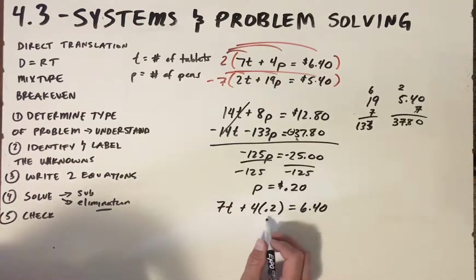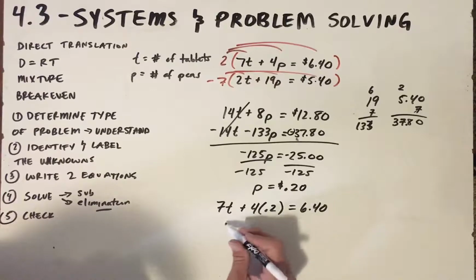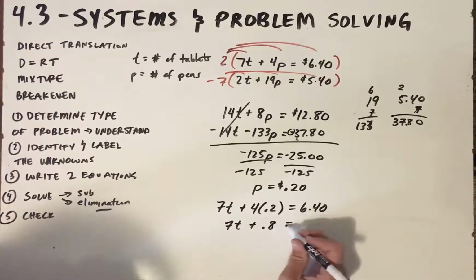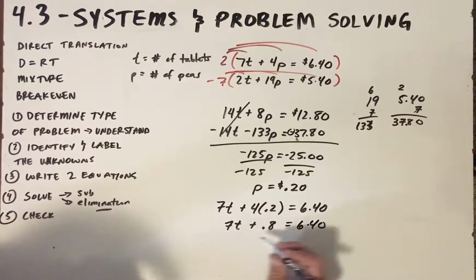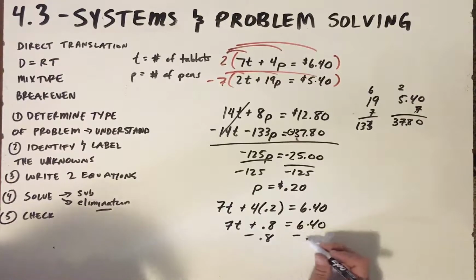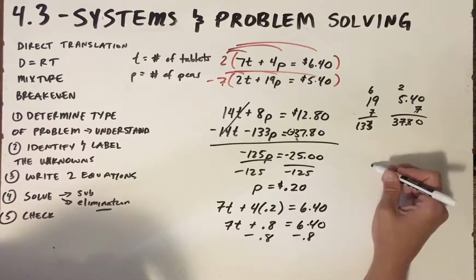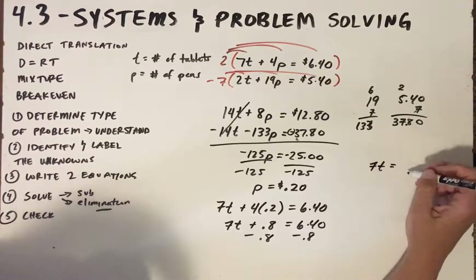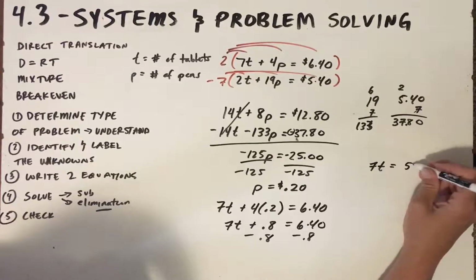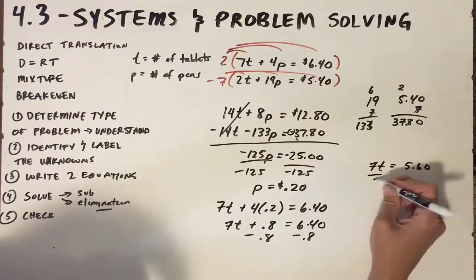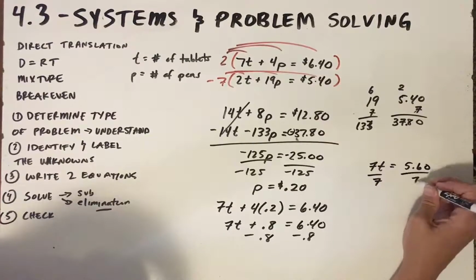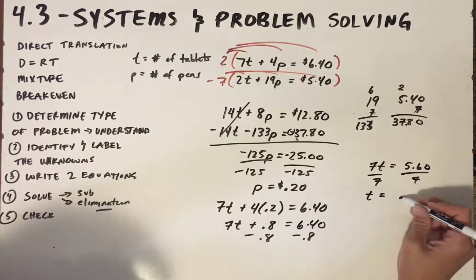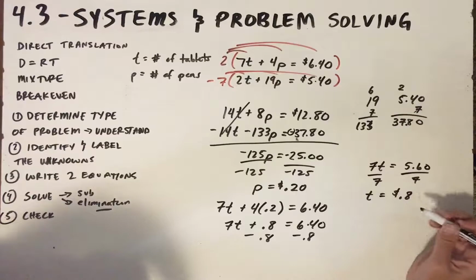That's going to give me a 0.8. When I subtract 0.8, we're going to start over here, 7T is going to be equal to $5.60. When I divide by 7, that means that each writing tablet is 0.8, or 80 cents.